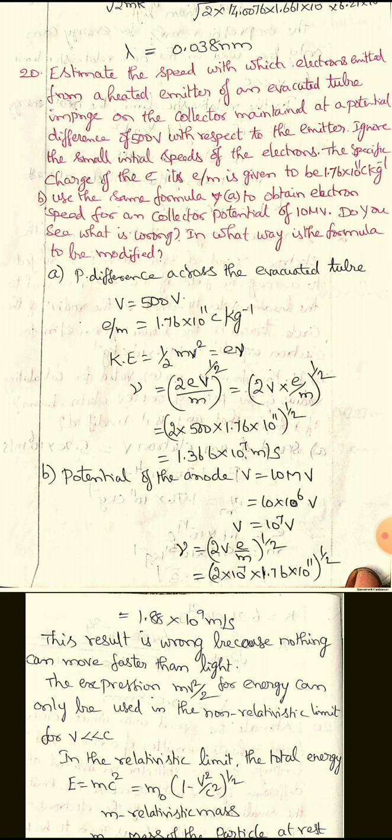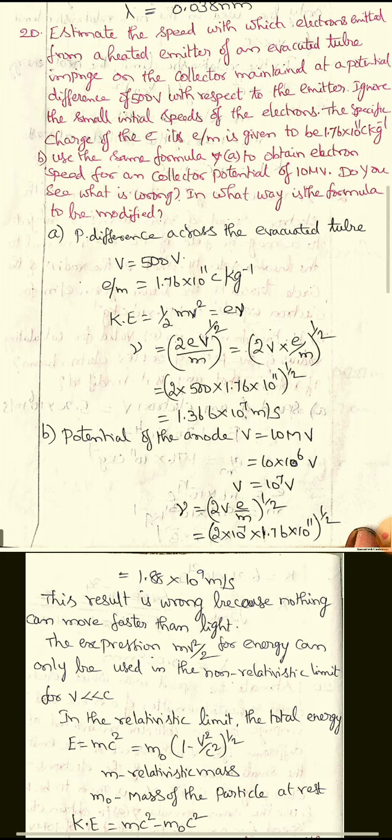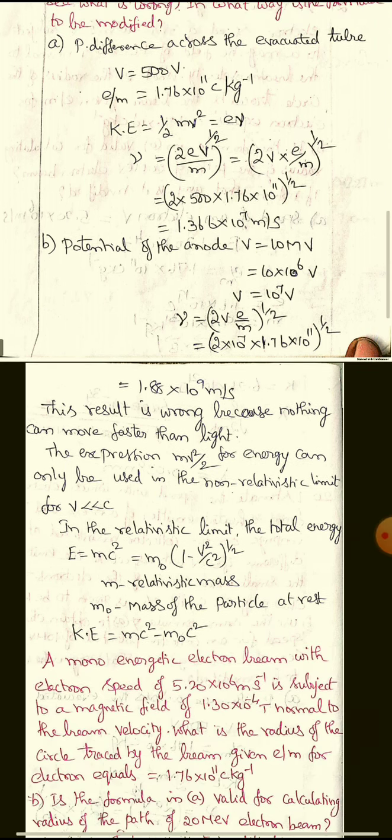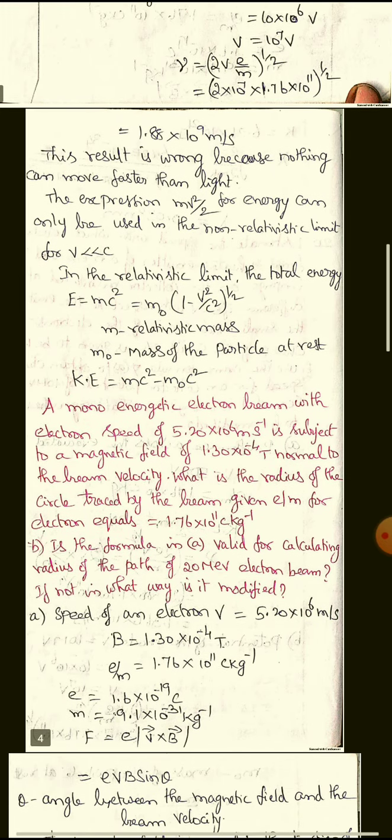Substitute the values: 2 into 10 to the power of 7 into 1.76 into 10 to the power of 11, the whole power half. Simplifying, you will get 1.88 into 10 to the power of 9 meter per second.